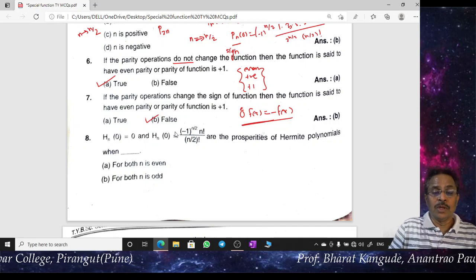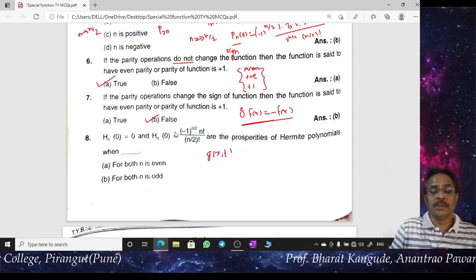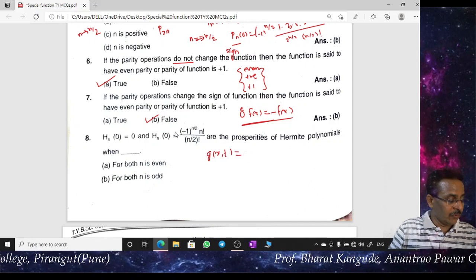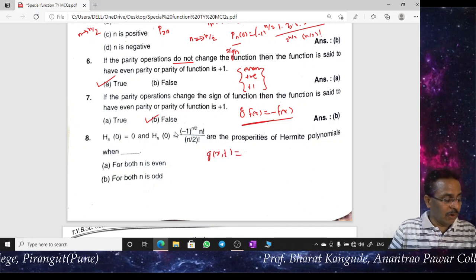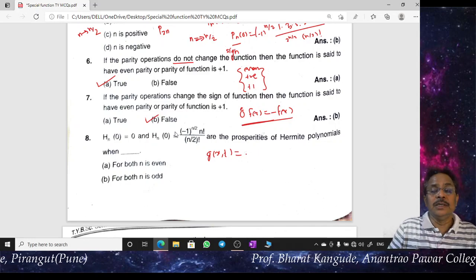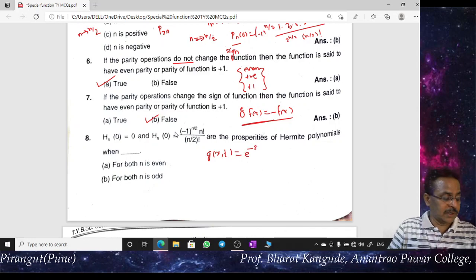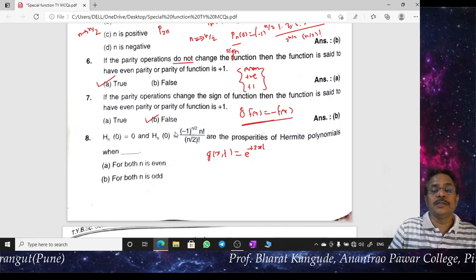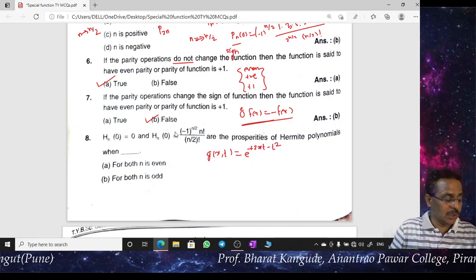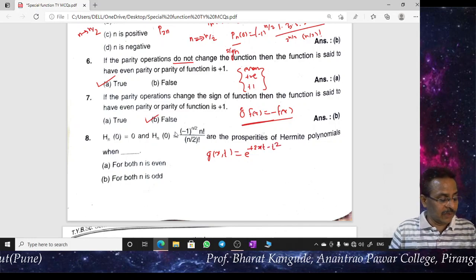So here also we have to go for its expansion, this generating function g(x, t) for this particular function is e raised to 2xt minus t². So here we have to put this particular function in this case.